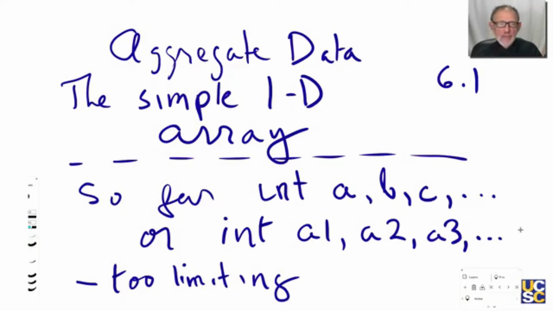First off, if we really need to do things for very large data sets, like we have to examine a colony of several thousand elephant seals, as one of our homeworks suggests, to find out their average weight, we don't want to have to write out thousands of individually named variables. They're going to be too hard to process, too limiting.